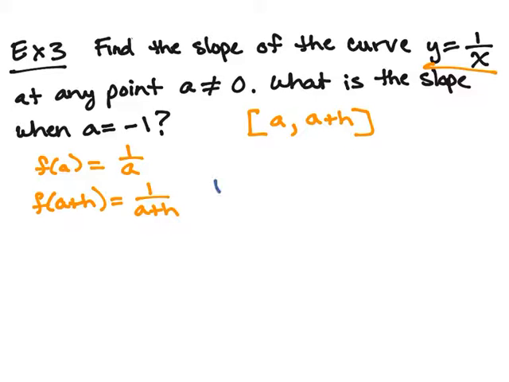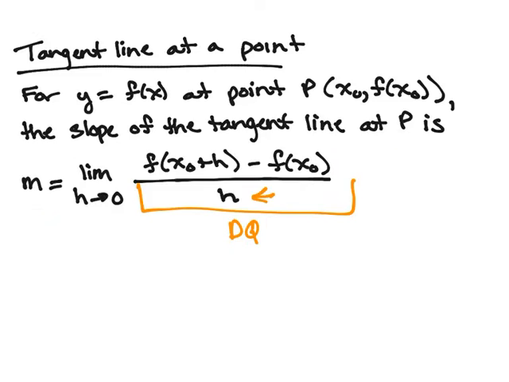Okay, so my difference quotient, we're going to plug in here. It's my f of A plus h, which is 1 over A plus h, minus my f of A, all over h. Okay, so what I did there is I plugged into this difference quotient formula where my x naught was A.